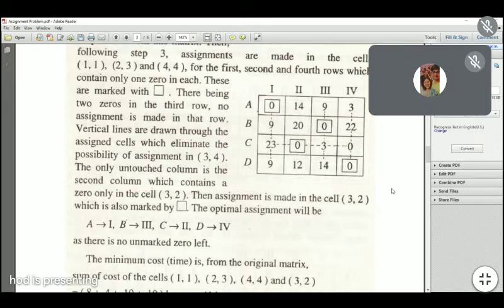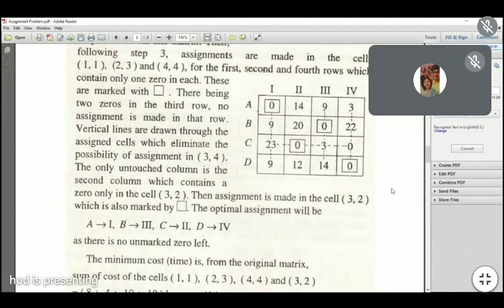If you remember I told you it cannot be greater than. Greater than would mean I'll get more assignments than jobs and machines. If I have 4 jobs and machines and I have made 5 assignments, that's not allowed. So the number of lines drawn cannot be greater than the number of machines.